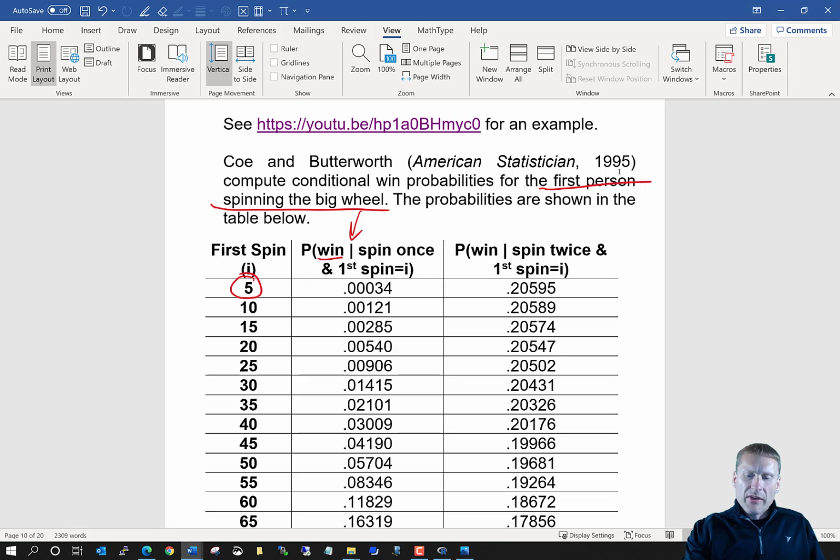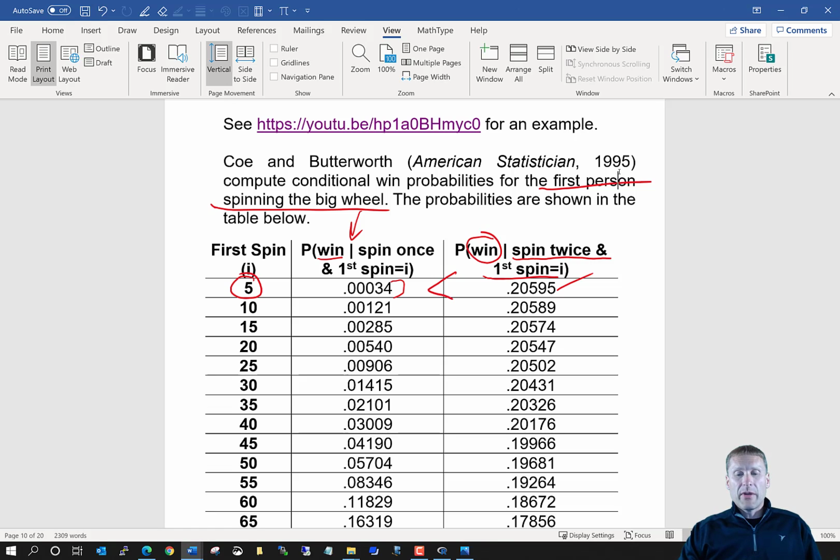The probability that they win, given that they stopped at 5 cents, is extremely small, 0.0034. But if they were to spin again, the probability that they would win goes up to about 0.21. So since 0.21 is greater than 0.0034, the optimal strategy in this particular situation, if you get 5 cents on that first spin, is to spin again.